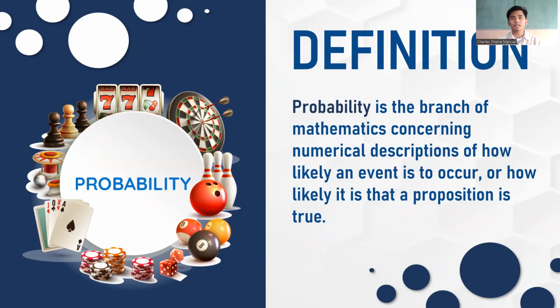Now, simply means it is how likely something is to happen. Okay? Or when we say probability, it means possibility.